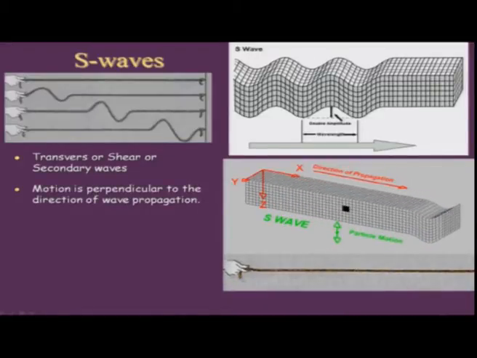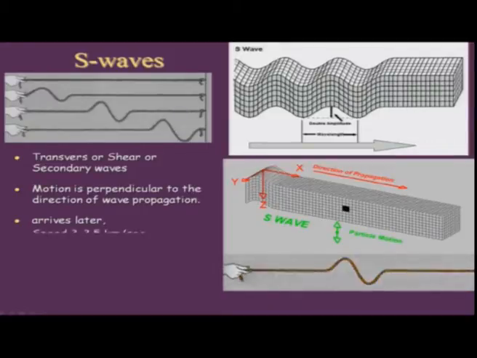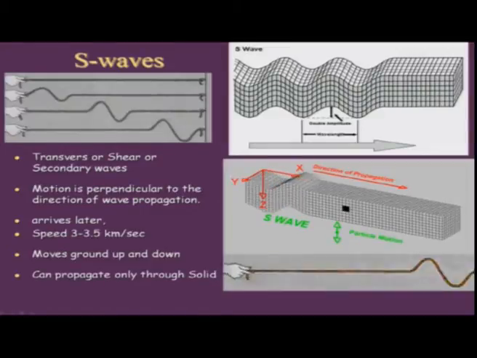Motion is perpendicular to the direction of wave propagation, whereas the P waves had motion almost in the direction of propagation. They arrive later because their speed is slow, almost half, 3 to 3.5 kilometers per second, and they move the ground up and down, and can propagate only through solid.